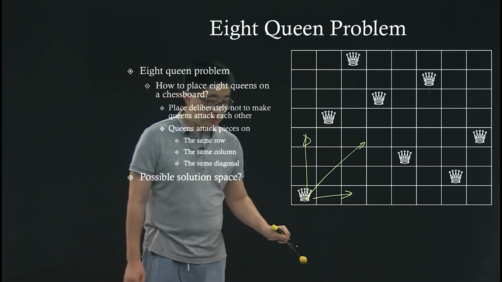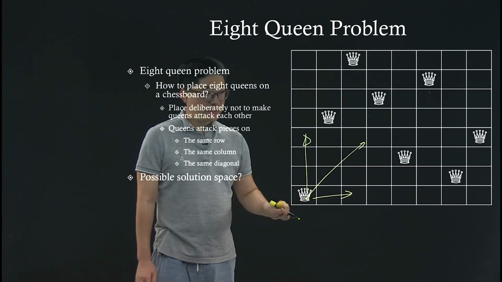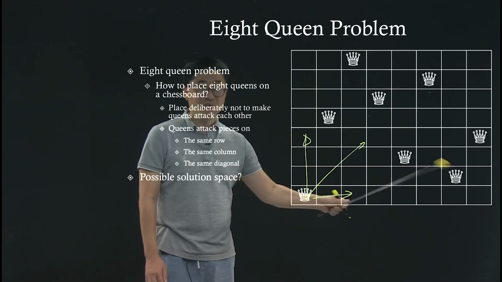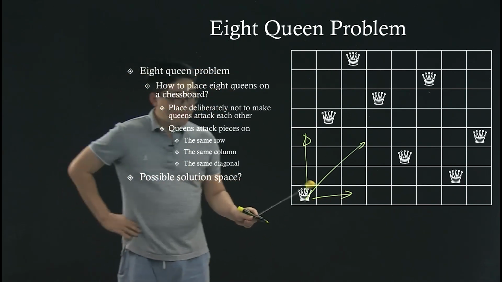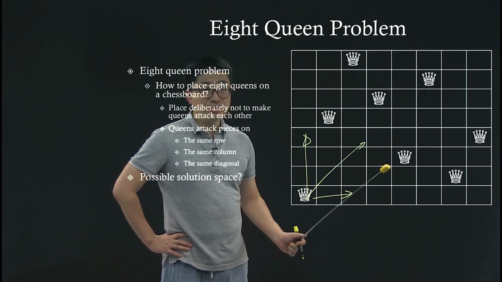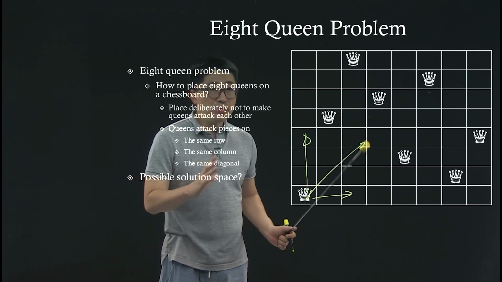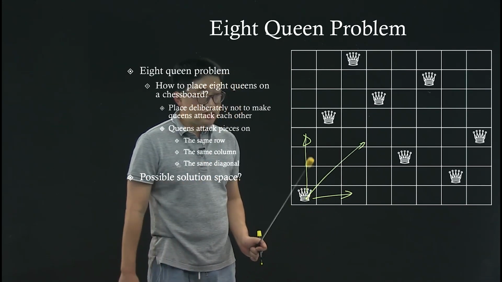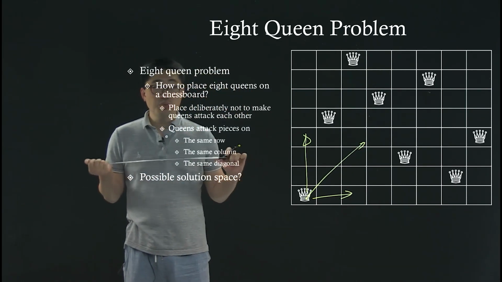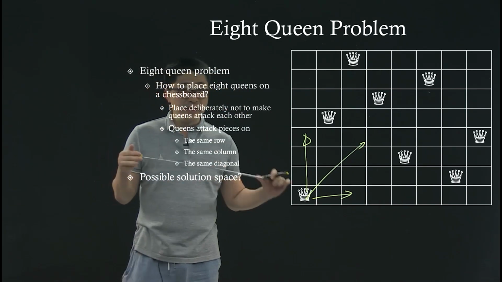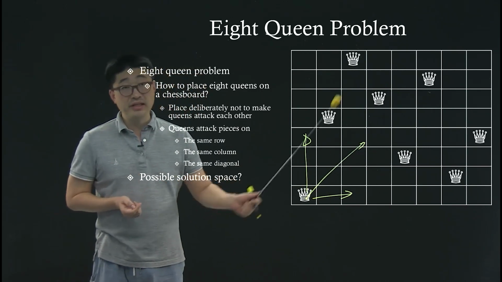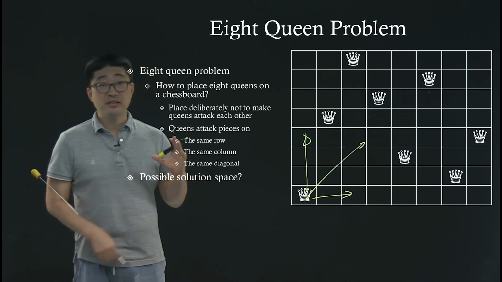Of course, it can go down and left and wrap down and so forth. Anyhow, the queen is a very versatile object on the chessboard. Now we are going to place 8 of these queens, and we constrain that no queen ever attacks another queen. Does this placement satisfy the constraint?